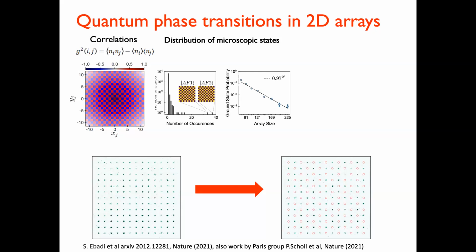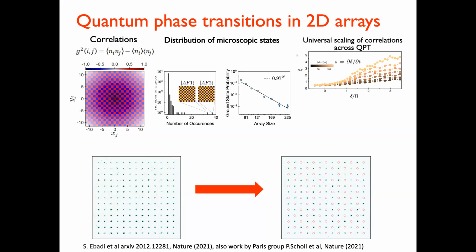Moreover, we can study not only static properties with a slow change in detuning, we can also study dynamical properties. For example, by varying the speed with which we change the detuning, we can see that the correlations grow at a different rate. And it turns out that if you use the ideas of universality associated with quantum phase transitions, by rescaling all of these curves, they collapse.